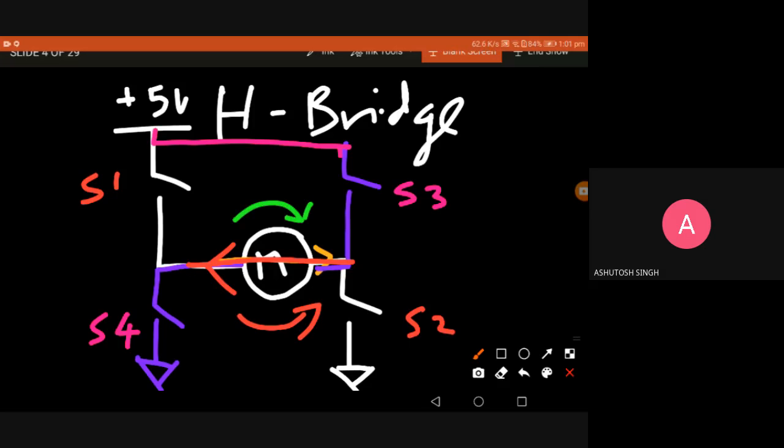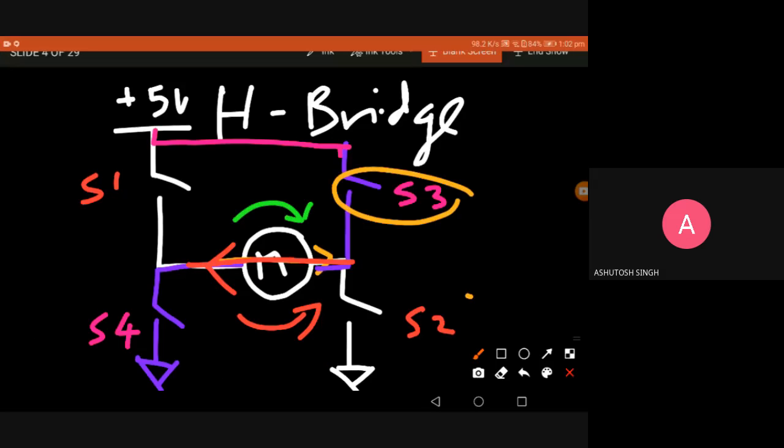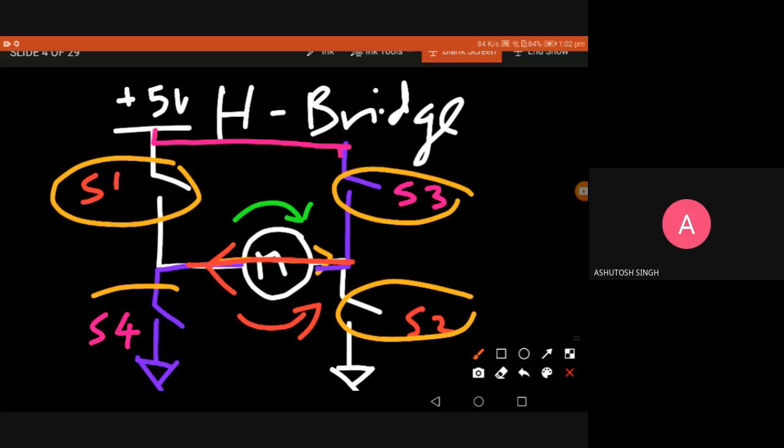Most of the motors or robots which we see, the wheeled robots we see every day, use this H bridge circuit. So there are four switches, S1, S2, S3, S4. And who controls the switches? There is a brain, and that brain is called a system or a circuit. All these switches are intelligently controlled by the circuit. And what is the input to the circuit? You have sensors.